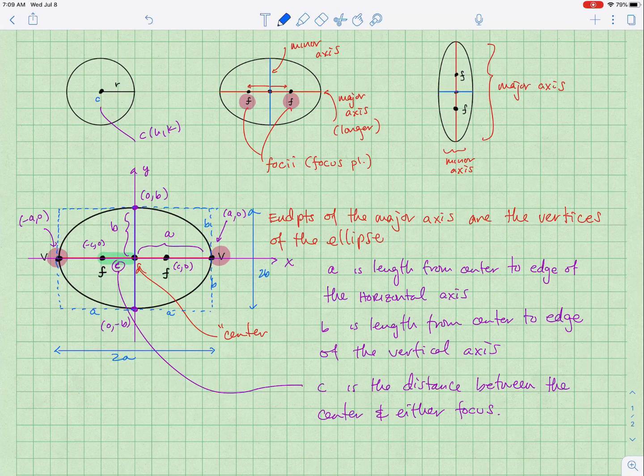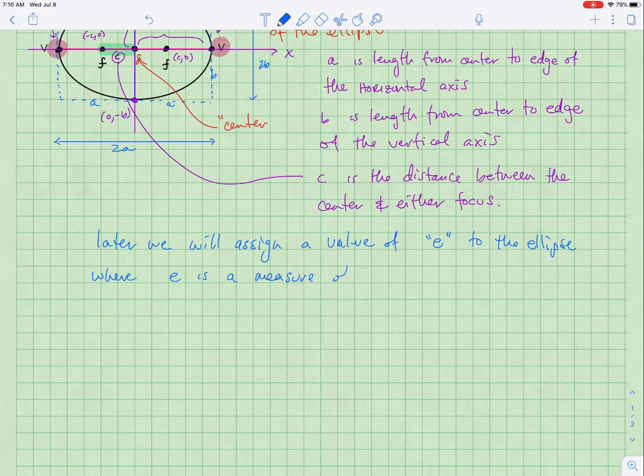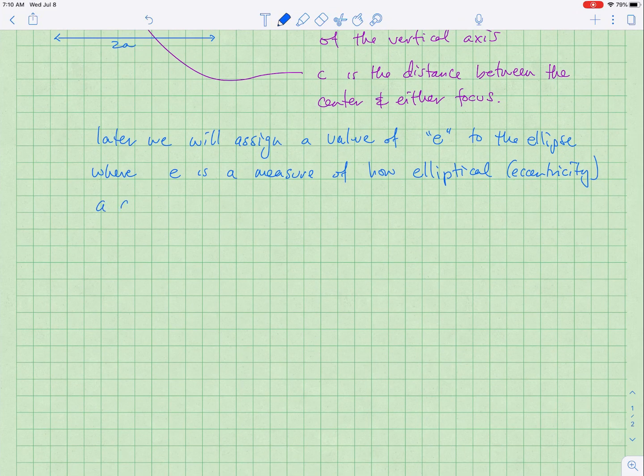We're going to talk a little bit more about an attribute that we assign to the ellipse in the next couple of videos, and it is known as the value E. So later we will assign a value of E to the ellipse, where E is a measure of how elliptical, or the eccentricity, a certain ellipse is.